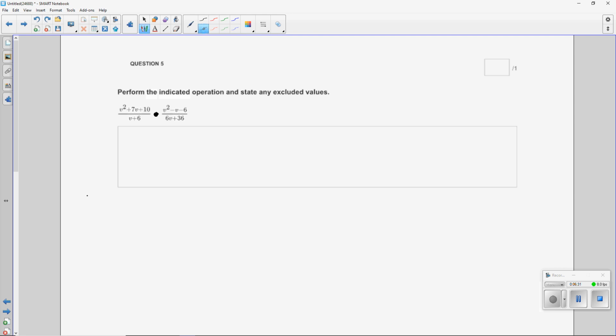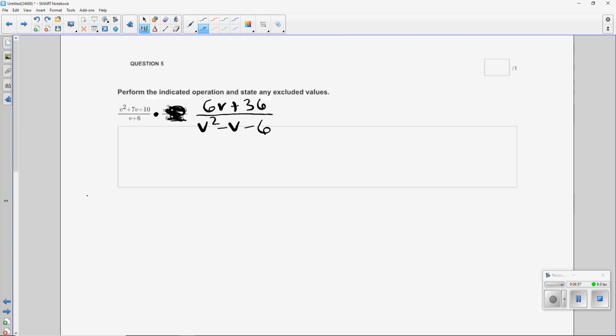So when you divide, you multiply by the reciprocal of the second fraction. So notice it's only the second fraction that changes. It gets flipped. I'm going to mark out this original problem. And basically this is the new problem. Just like question number 3 at this point.